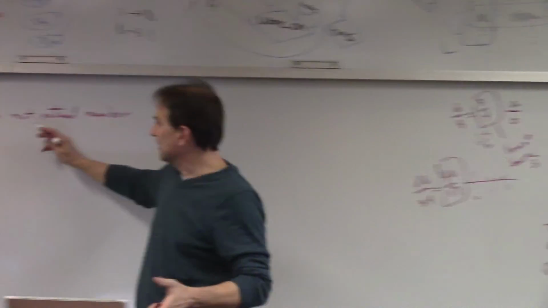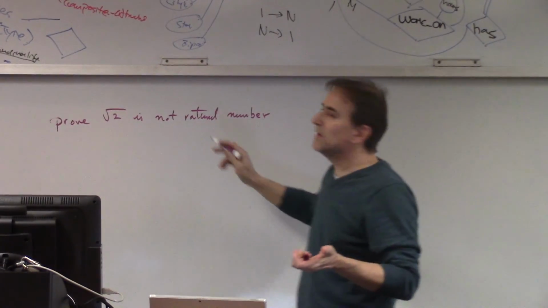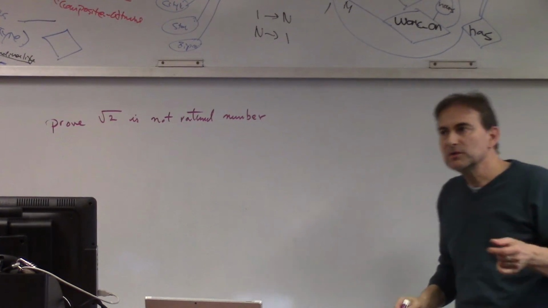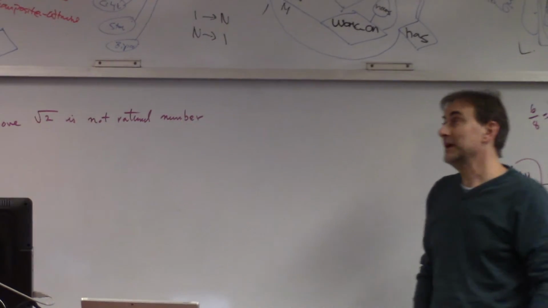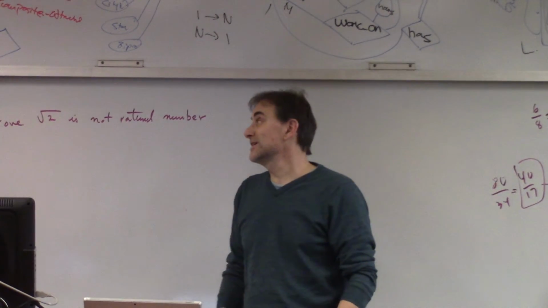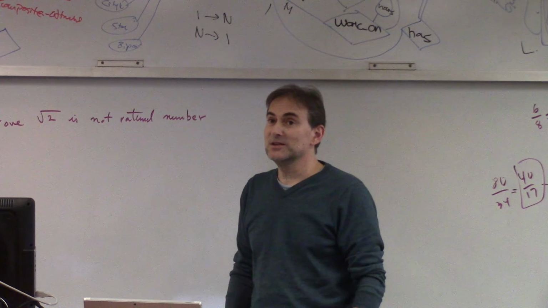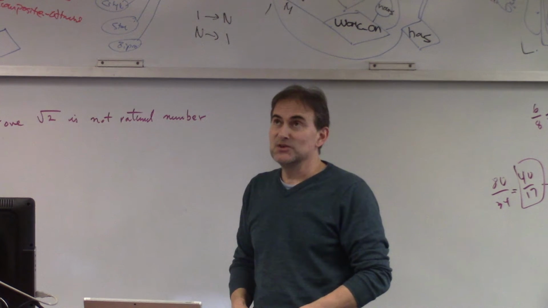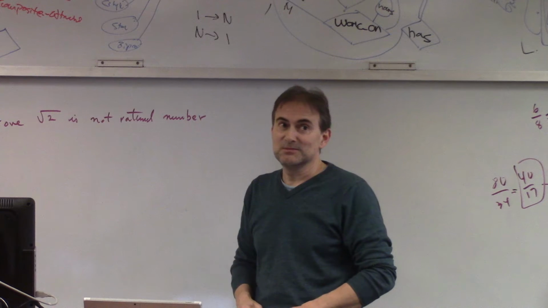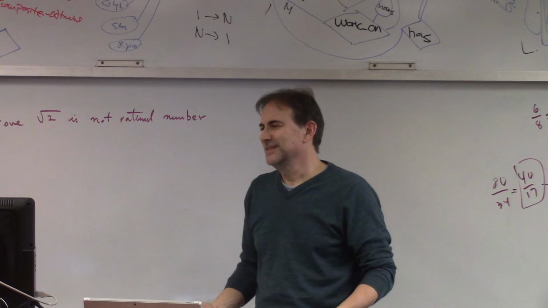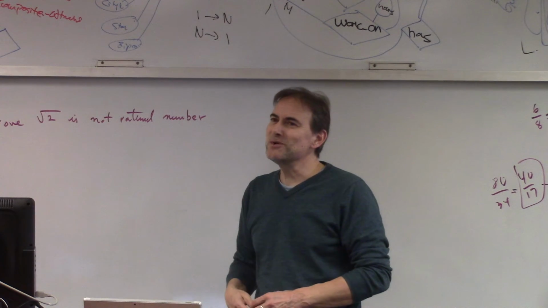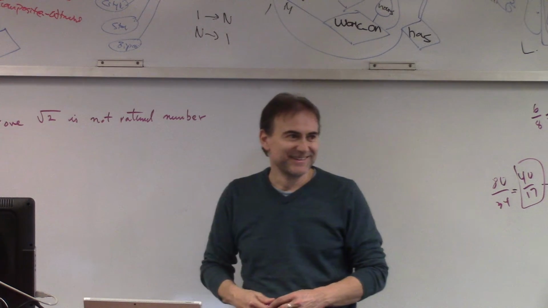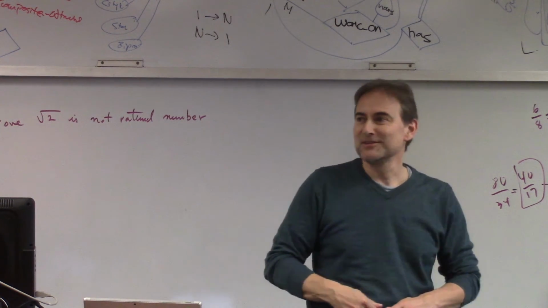So, how do we prove that the square root of 2 is not a rational number? Well, first of all, let's think about doing it directly. Directly, okay. Square root of 2 is not a rational number because I was taught in algebra class that it's not a rational number. Okay, that is not a proof. A really smart friend of mine told me it's not a rational number and he knows everything.